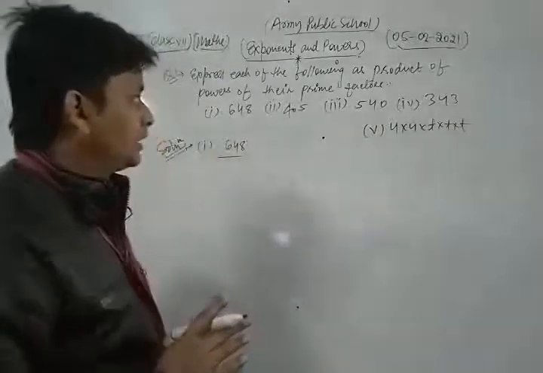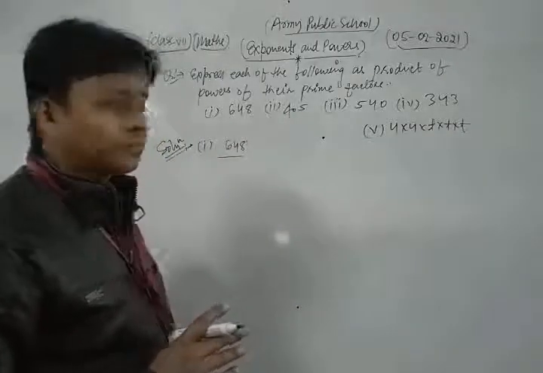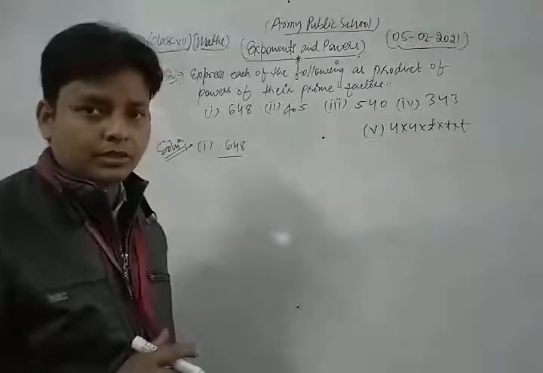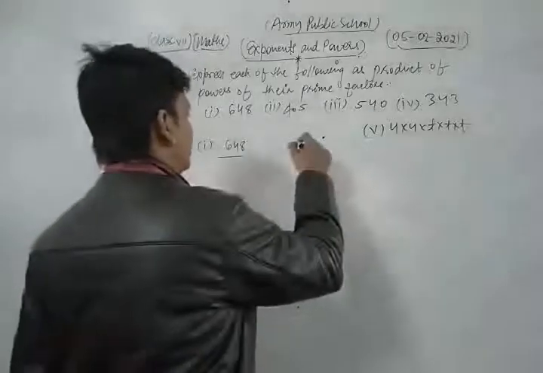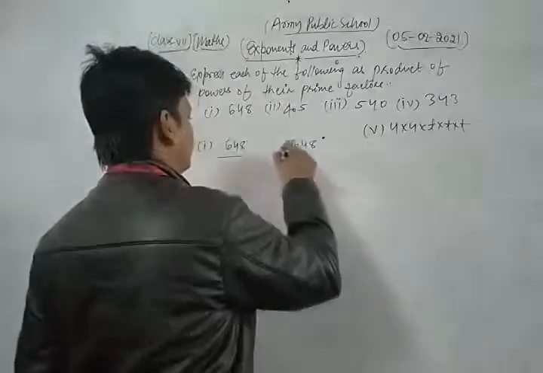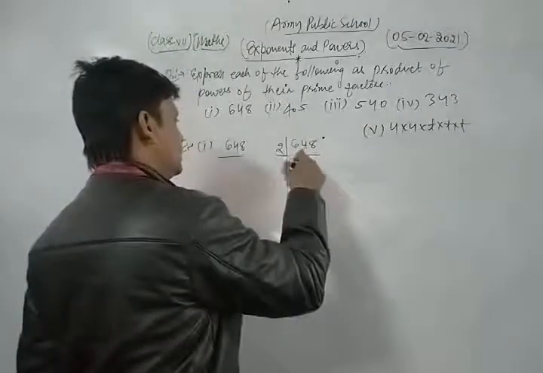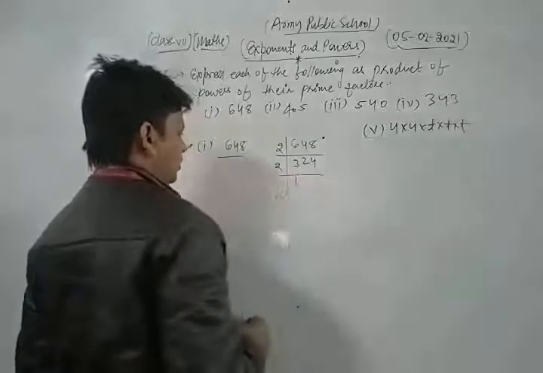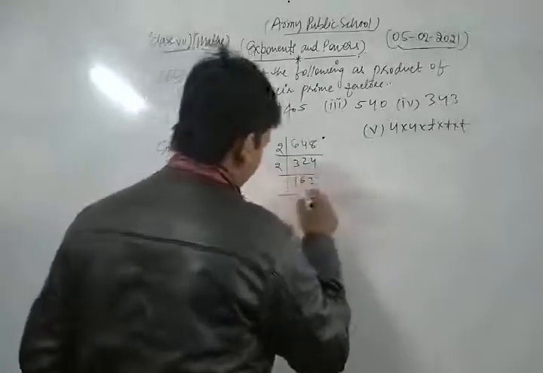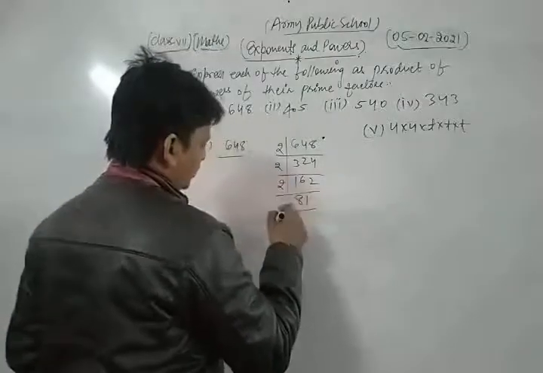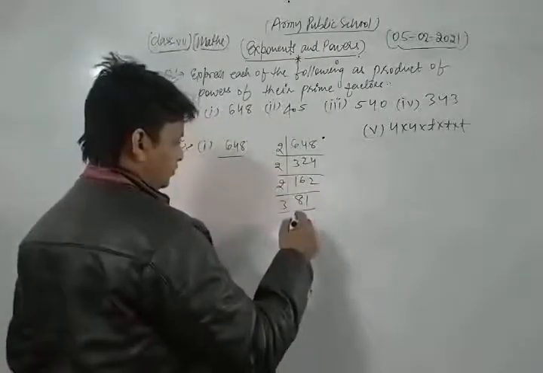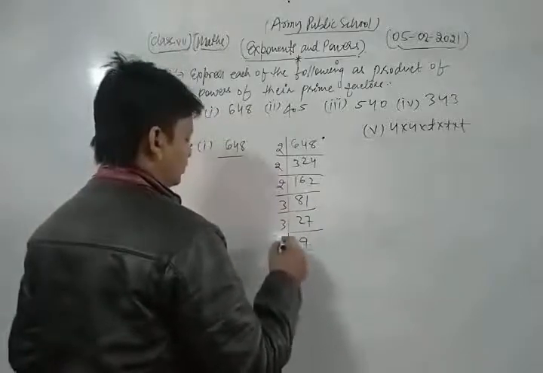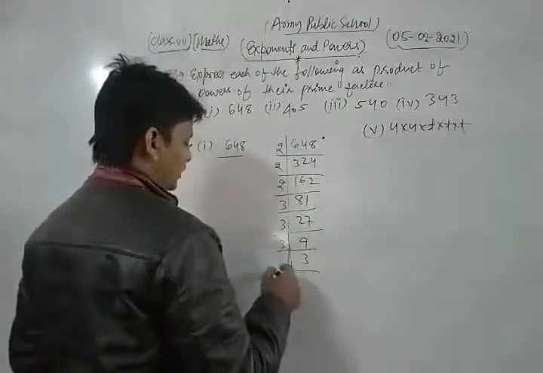To express the given number as a power of its prime factors, first of all we do the prime factorization. Let's see. First we divide by 2: 2 threes are 6, 2 twos are 4, 2 ones are 2, again by 2, then by 3, again by 3, 3 threes are 9, and finally 3 ones are 3.